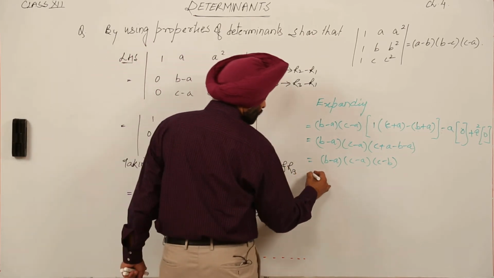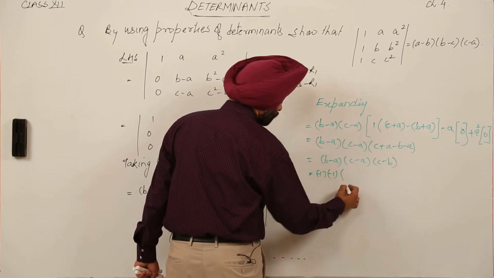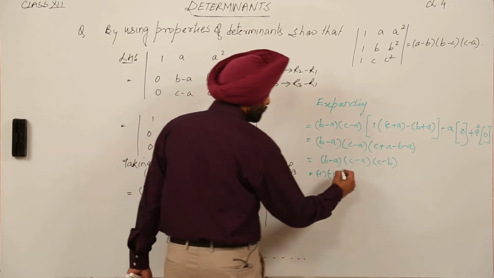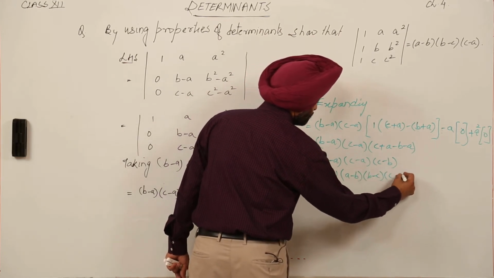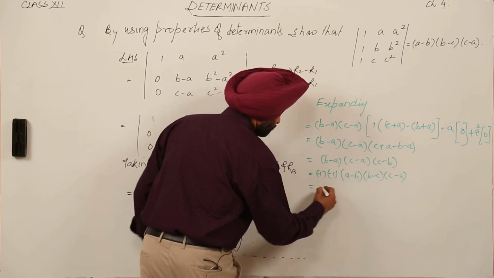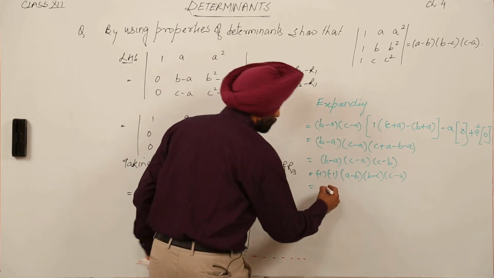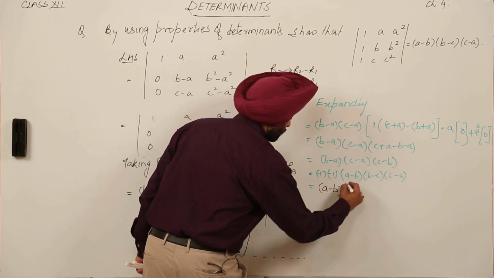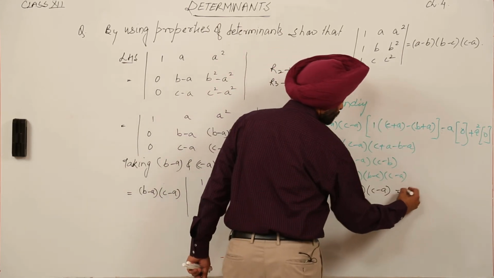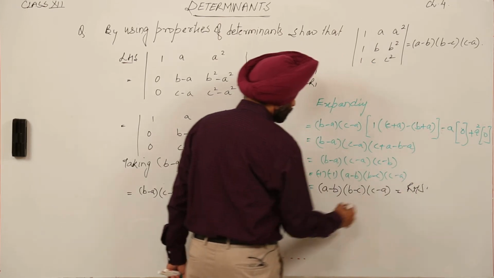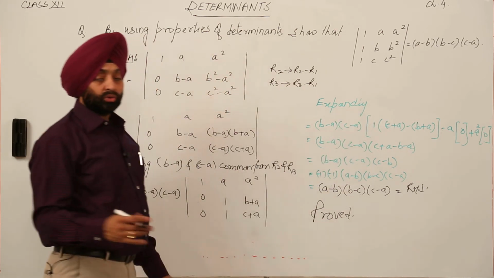So now I have taken minus 1 and minus 1 common, and what we are getting is a minus b, b minus c and c minus a, and finally minus with minus, negative with negative is positive. So it is a minus b, b minus c and c minus a, and this is the right hand side. Hence we have proved. The question has been proved.